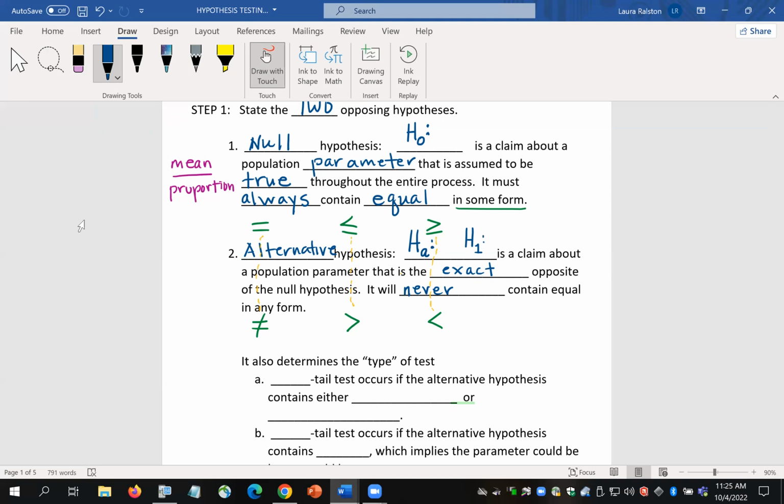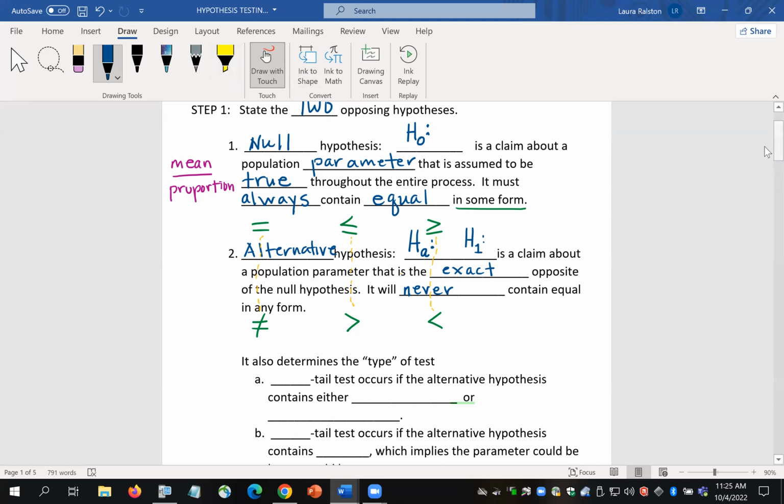So our initial assumption in court is that the person is innocent, unless there is enough evidence presented to prove otherwise. And so with hypothesis testing, we will assume that the null hypothesis, whatever it is, is going to be true unless we have enough evidence to prove otherwise.